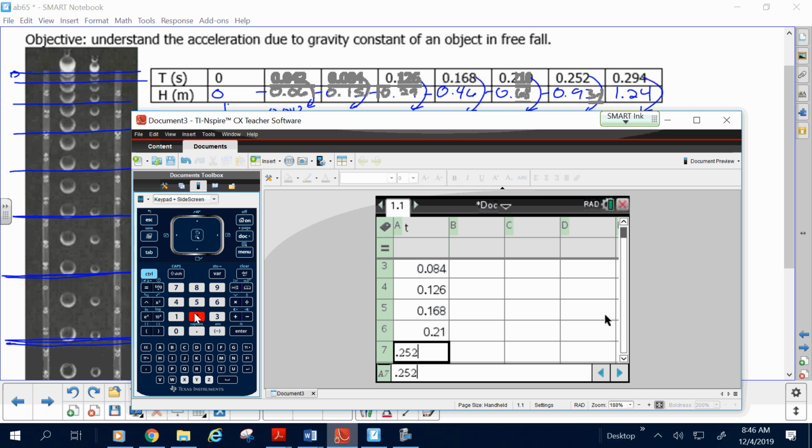By the time I hit 80, I might have this data in. Okay. Height.